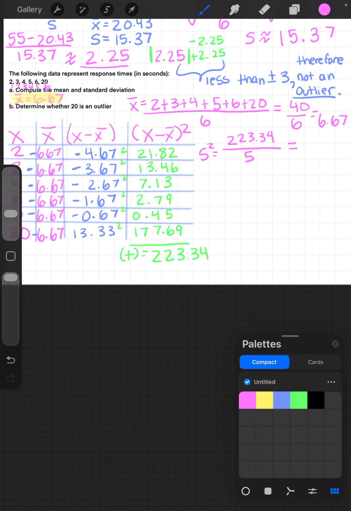That's 44.67. And then to find s, it's going to be the square root of this, which is 6.68.